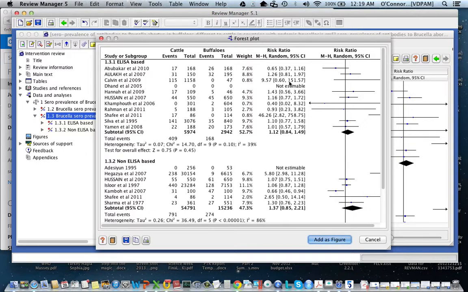So really, we know very little about those estimates, and they're not contributing very much weight to this summary effect measure. If I remove them, I know that this 1.12 is not going to change very much, and I'm sure if I remove them, I will decrease this heterogeneity, but I'm not even sure I need to.